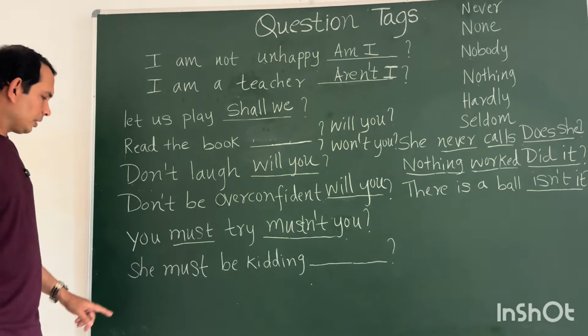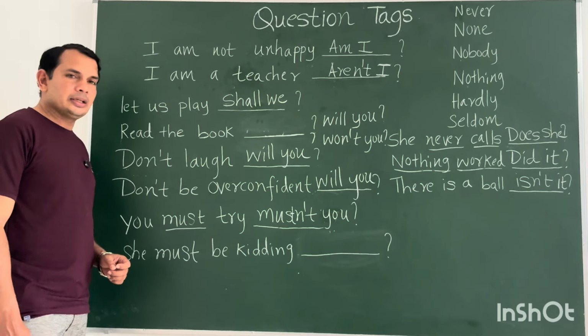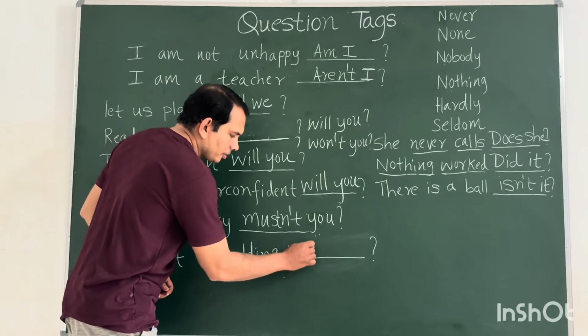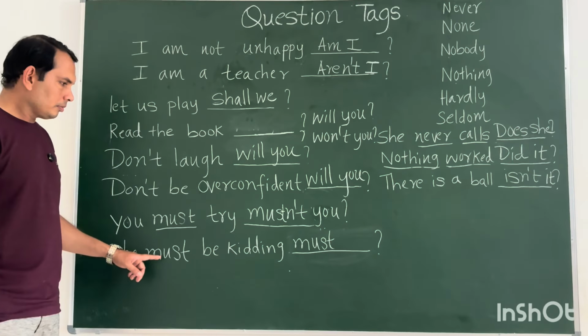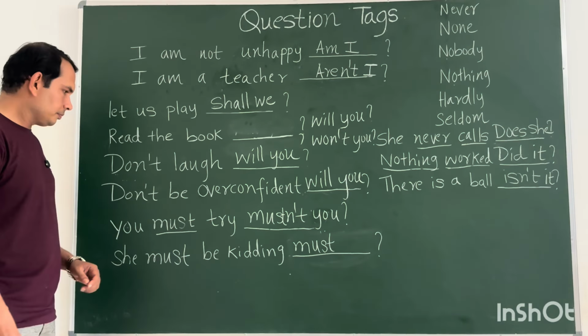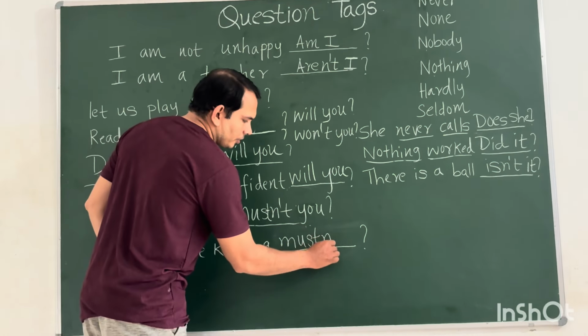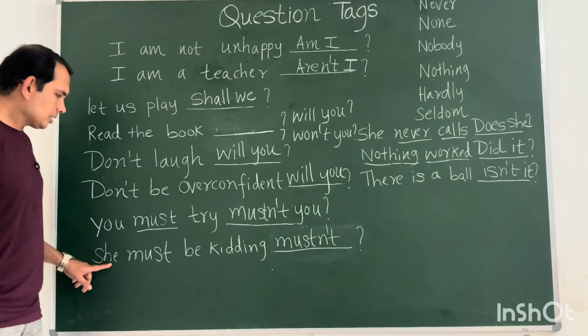Mustn't you? The last example here is she must be kidding. This is a positive sentence. We write the auxiliary first, must. Since this is a positive sentence, we add not. The subject is she. If you write isn't she, it's also correct.